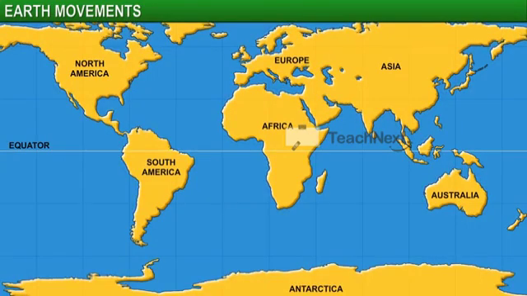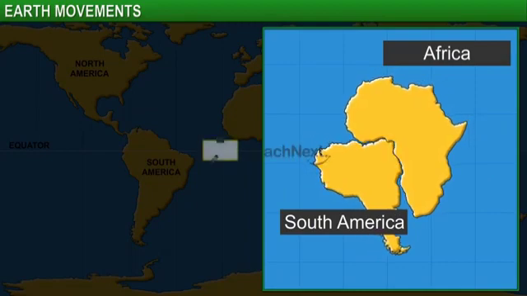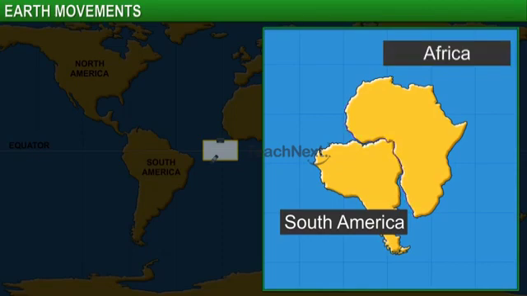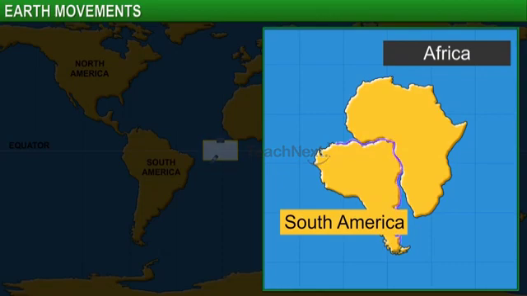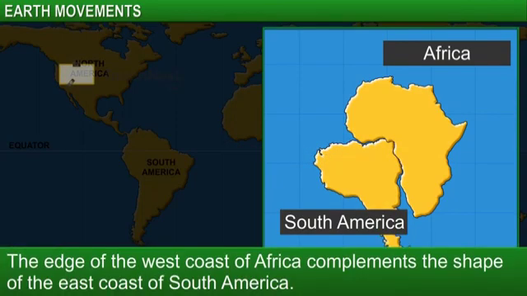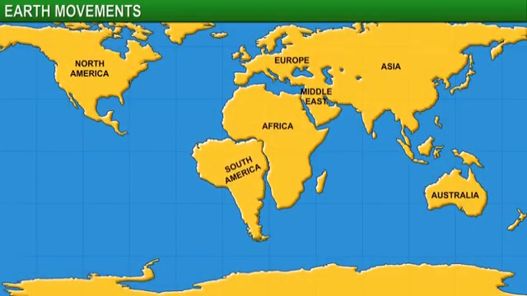Here is an interesting fact that substantiates this story. If you examine the shapes of the continents closely, you'll notice that the edge of the west coast of Africa complements the shape of the east coast of South America, just like these were two pieces of a huge jigsaw puzzle.